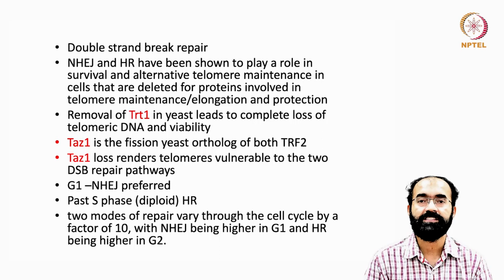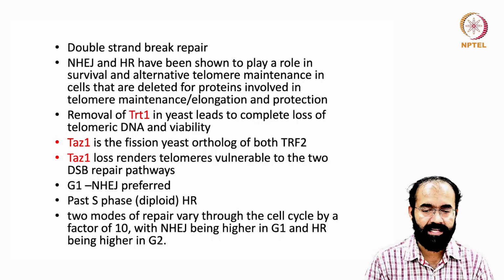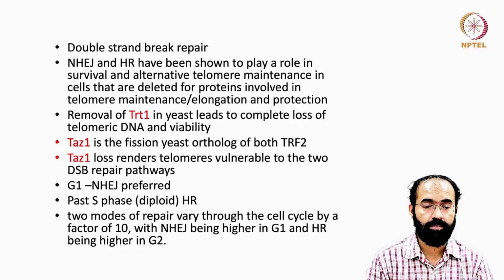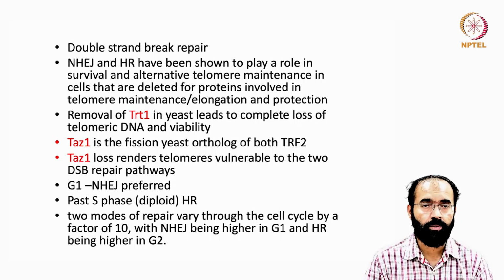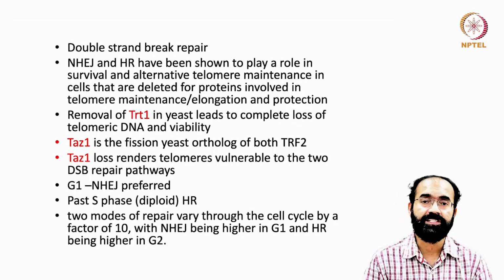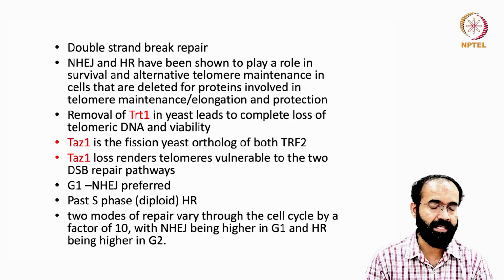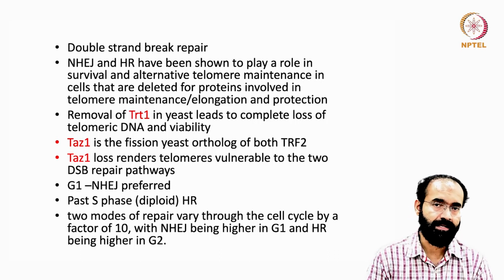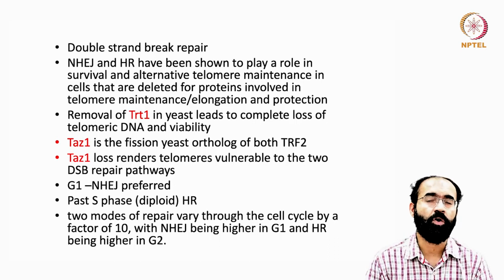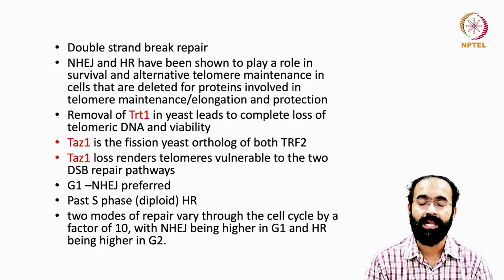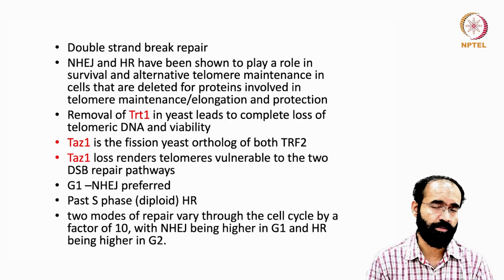So we should understand that NHEJ and HR normally contribute a major role in the survival and also in the alternative telomere maintenance. Sometimes NHEJ is necessary for repairing the damaged DNA. But if the break has happened in a gene part, then NHEJ often results in a loss of information. Same with homologous recombination also.